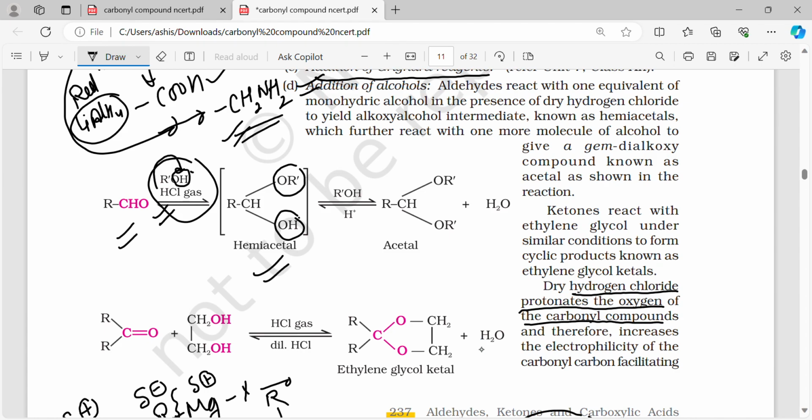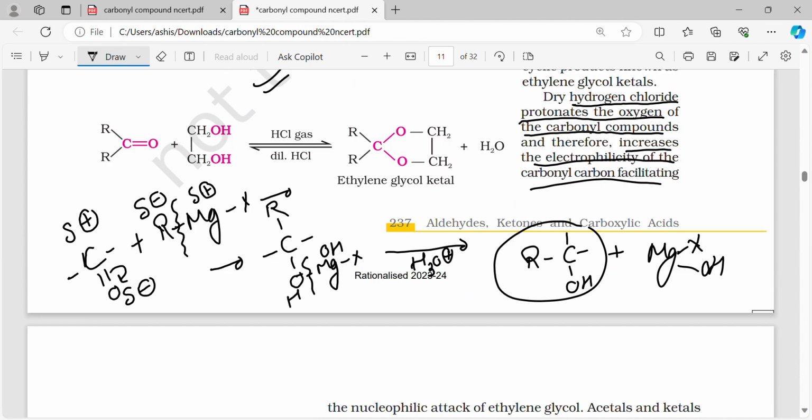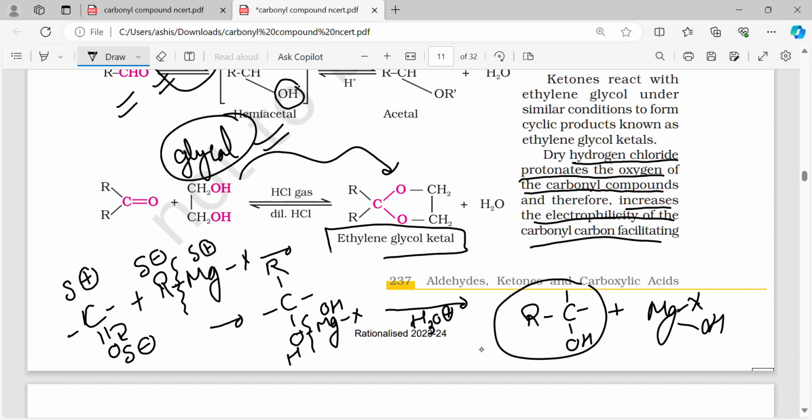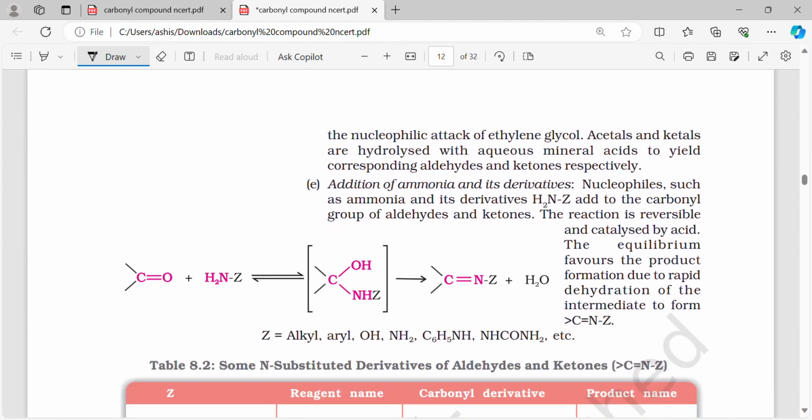Because dry HCl gas protonates the oxygen of the carbonyl compound, and that therefore increases the electrophilicity of carbonyl, facilitating the nucleophilic addition reaction. If we are using ethylene glycol, then the same reaction will occur and we will get a cyclic compound, that is called ethylene glycol ketal.